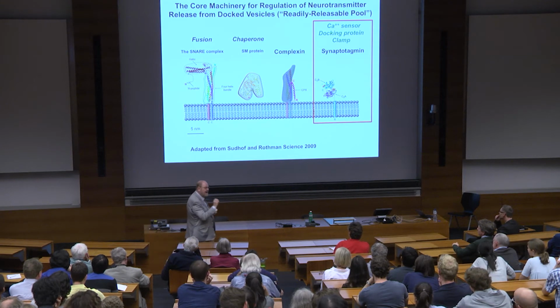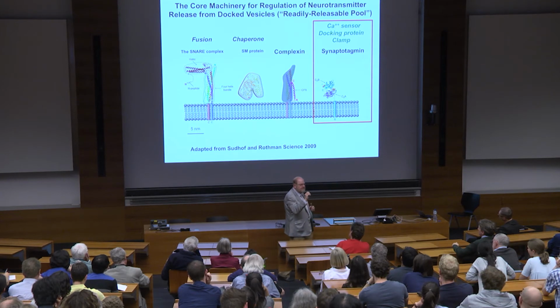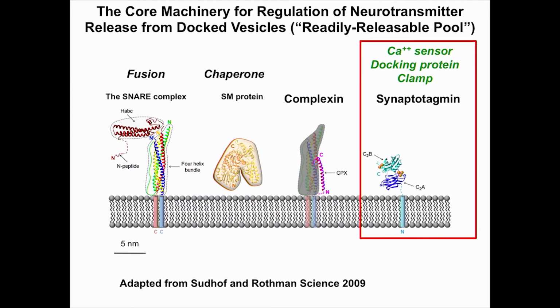So if you take out complexin, the vesicles that are docked on the plasma membrane, the readily releasable pool, start firing. In Drosophila, it goes up about 70 times as many vesicles released. So complexin, in a broad sense, is a clamp that prevents spontaneous release.